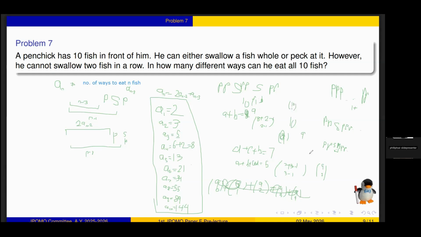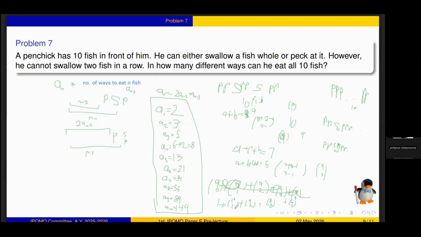But the pattern is still kind of the same: 1 plus 10 choose 1 plus 9 choose 2 plus 8 choose 3 and etc. until 6 choose 5, right?